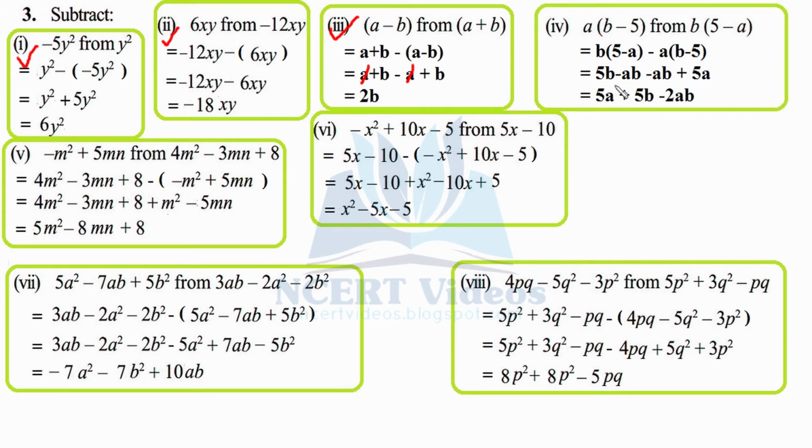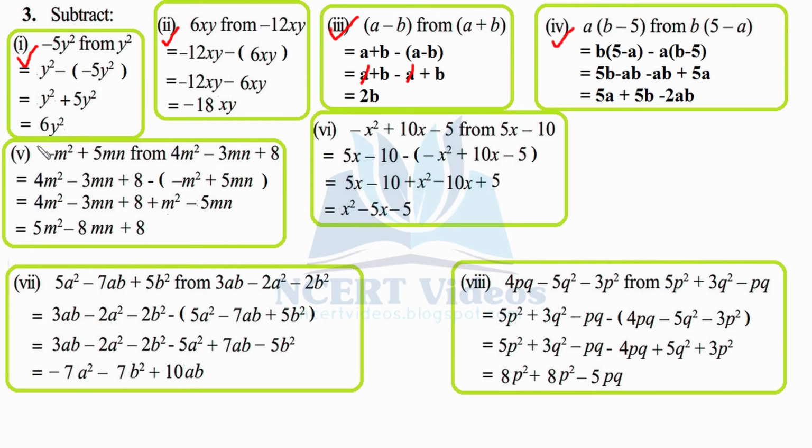So 5b, we have single, but let's arrange it in alphabet. First search for only single a. We have only single a with 5, therefore writing 5a. Then we have 5b, and this minus ab is minus 2ab because they are having negative signs.